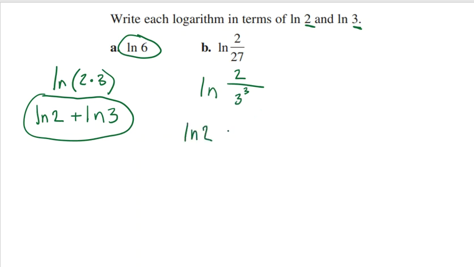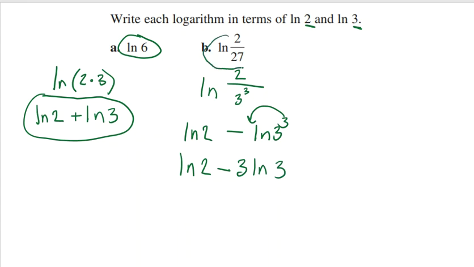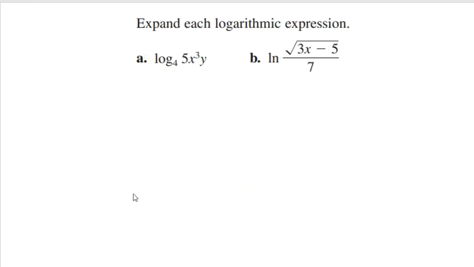Natural log of 2 minus natural log of 3 cubed, because division breaks apart into subtraction. Then I could use the power rule and drop down this power. Minus 3 natural log of 3. So natural log of 2 minus 3 times natural log of 3 is an expanded way of expressing the natural log of 2 over 27. I'm just using the rules. Hopefully that makes sense. All right, let's do a couple more examples here.